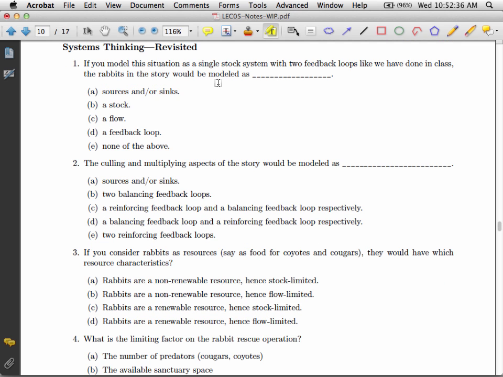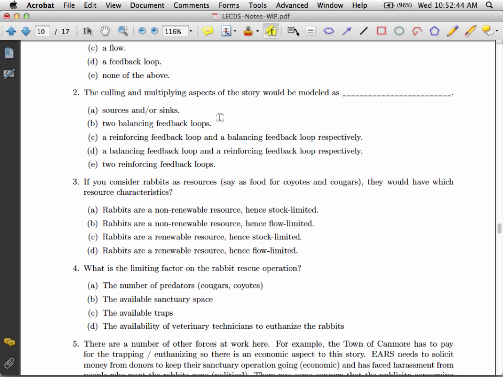So we have a single stock system with two feedback loops like we've done multiple times in class. The rabbits in the story are the stock of interest. The culling and multiplying aspects of the story, so we take some rabbits out of the system, the rabbits that are in the system continue to multiply, and so on. This would be an example of a balancing feedback loop, so culling would be associated with balancing.